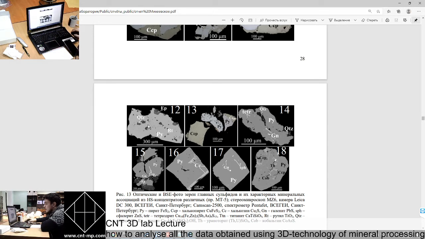We have to sign every single phase we observe in the grain, in the intergrowth. So, for example, there are quartz, pyrite, rutile, and also epidote.